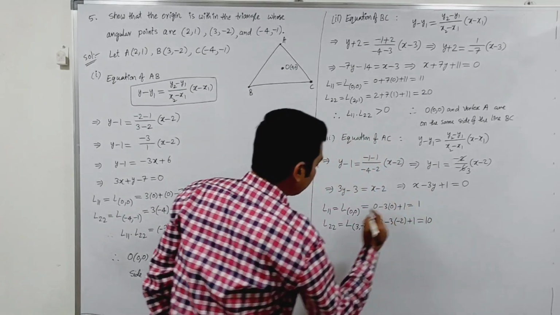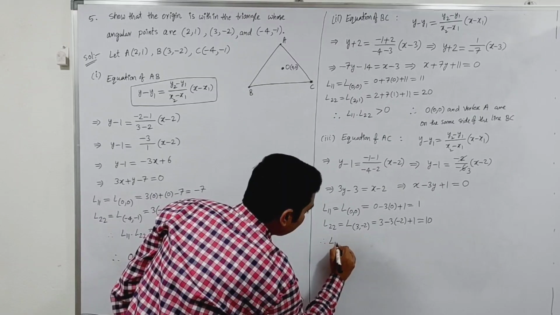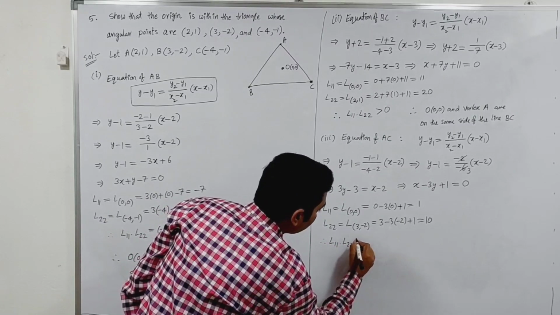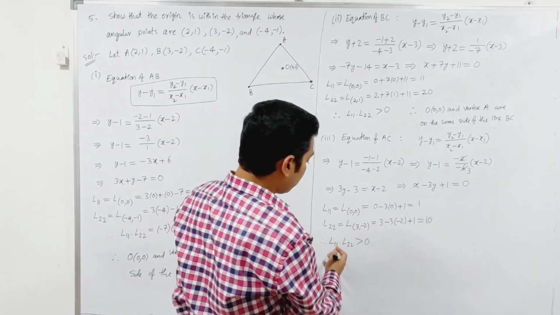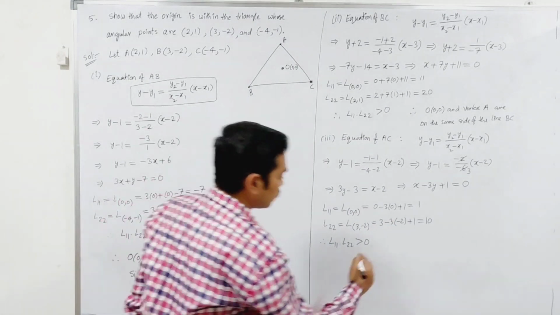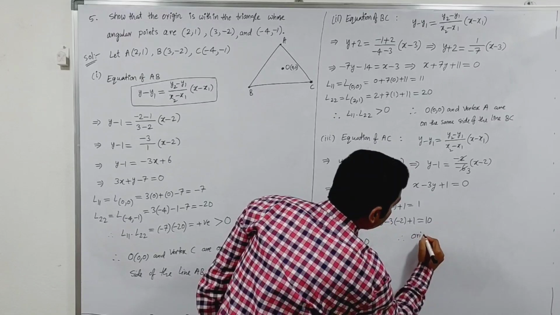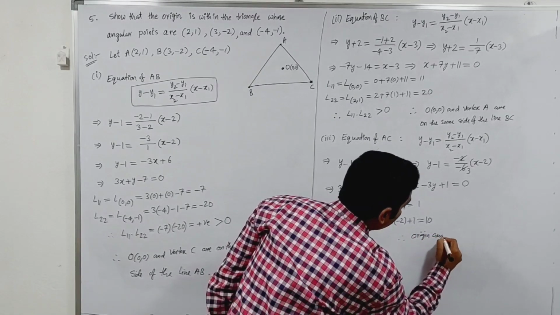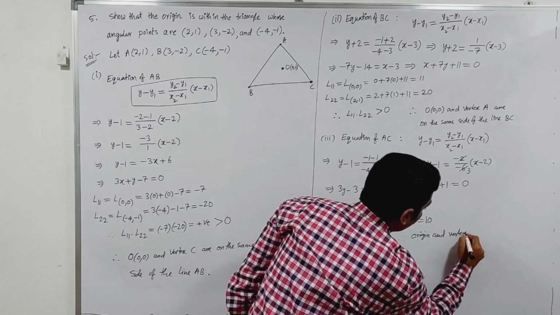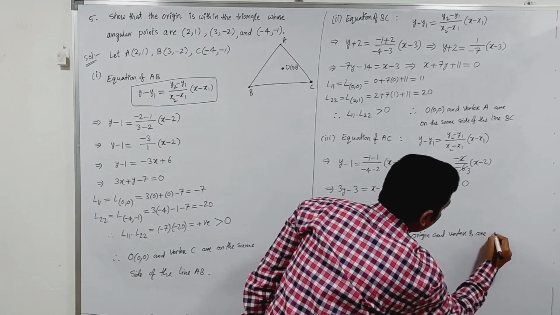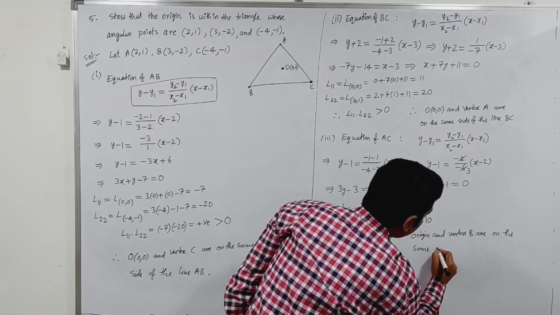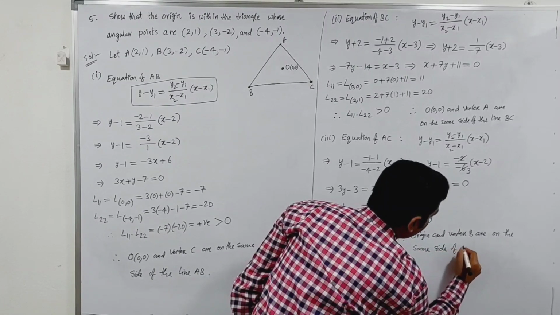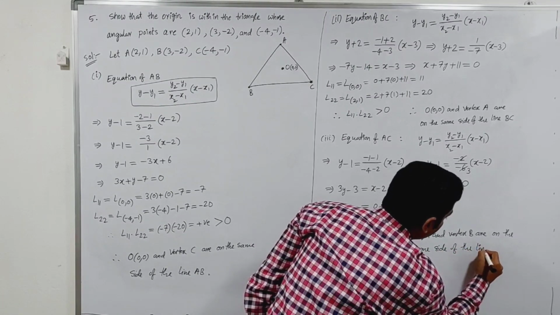L11 is positive, L22 is also positive. Therefore the product L11 into L22 is also positive. Therefore, the origin and vertex B are on the same side of the line AC.